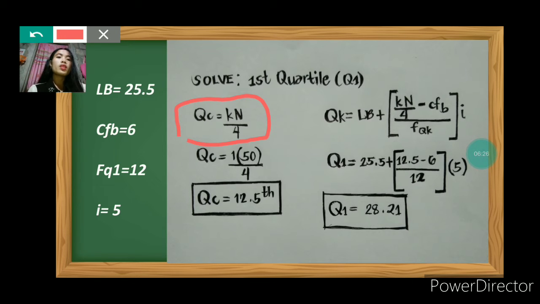We will just compute it: 50 times 1 divided by 4. That's why we get 12.5. So it's the position, not the answer yet. We will focus on the 12.5th position.